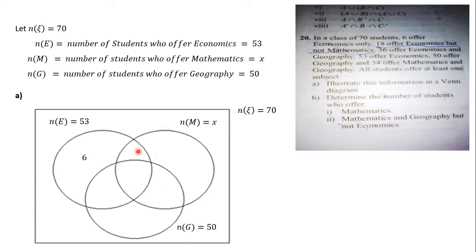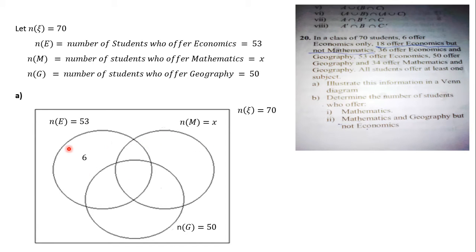So now let's go. This is economics. The whole circle here represents economics. And 18 people are offering what? Economics, but not mathematics. Now, when I say but not mathematics, it means we are taking the whole circle for mathematics out of economics. When that is done, which parts of economics will remain? That's economics but not mathematics.